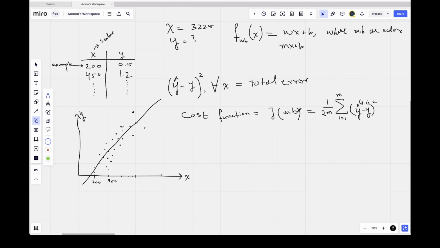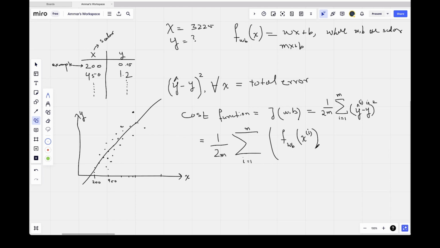If it is not obvious why we are inputting w and b, I can expand this formula as 1 over 2m, summation from i equals 1 to m, right? And what is y hat? Well, y hat is basically f_wb of x superscript i.